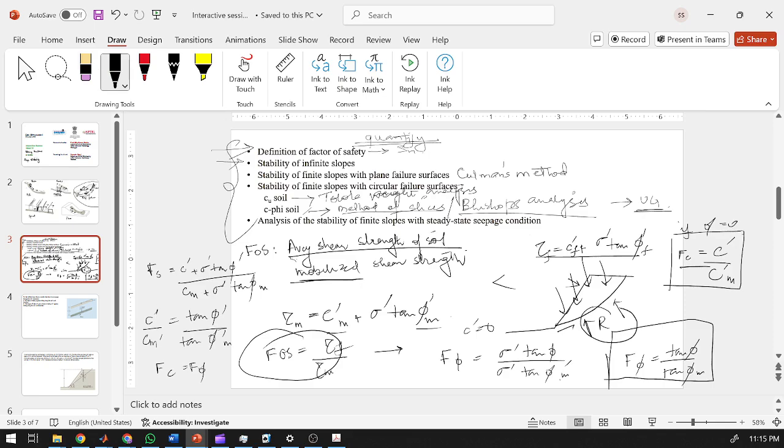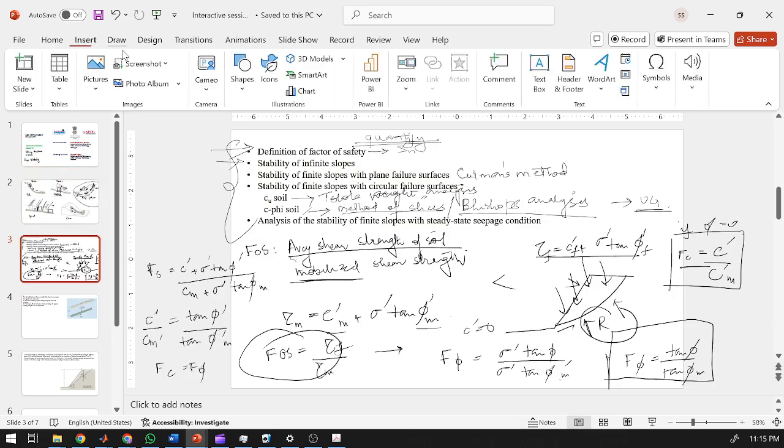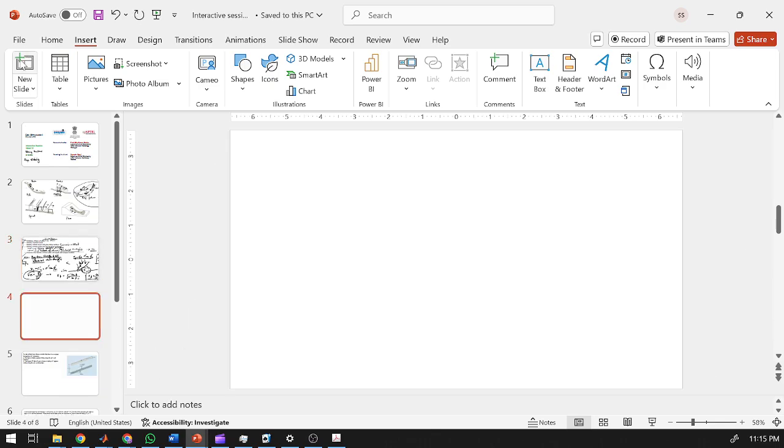Now let's talk about infinite slopes. Factor of safety in infinite slopes. So in infinite slopes we will always have the face of the slope parallel to the surface of the failure plane.